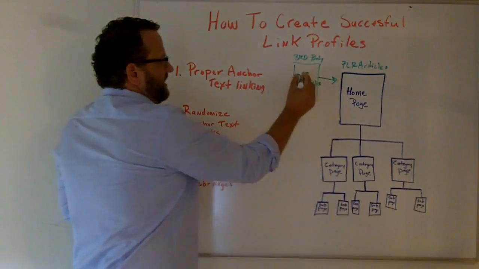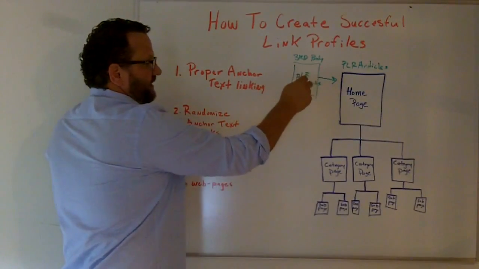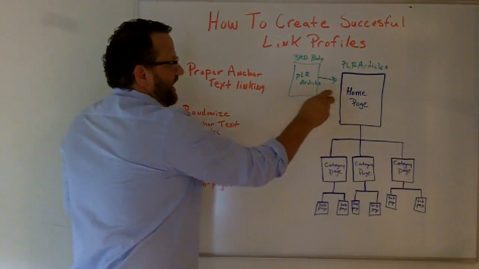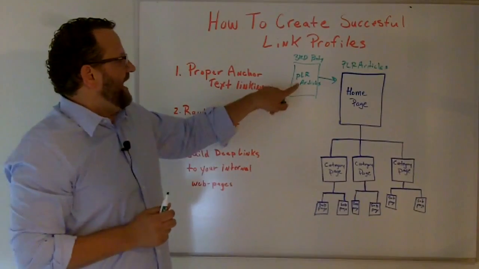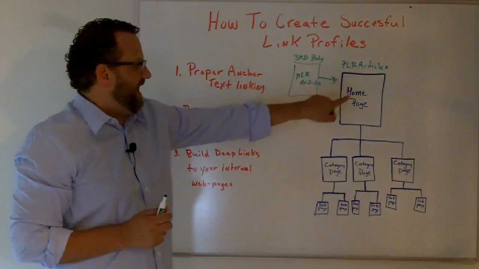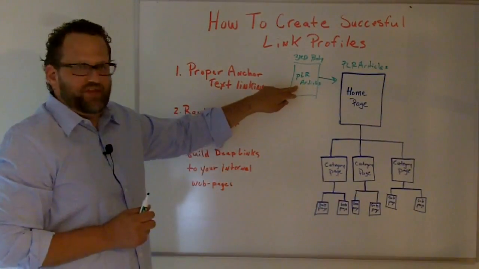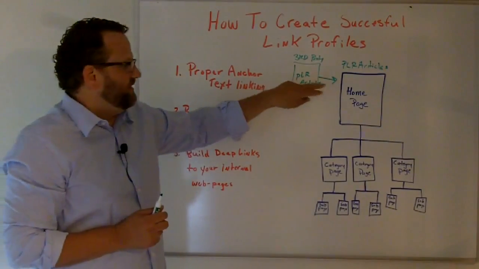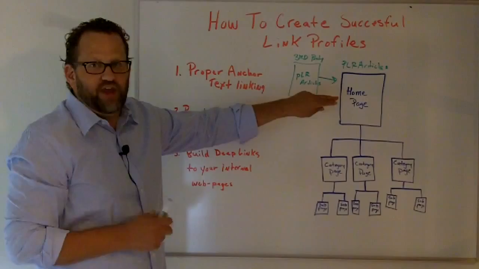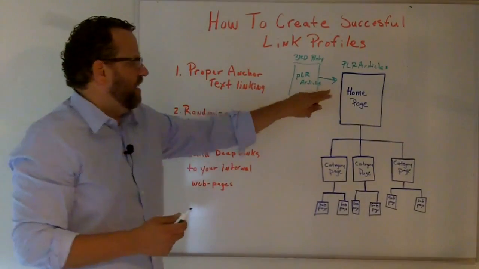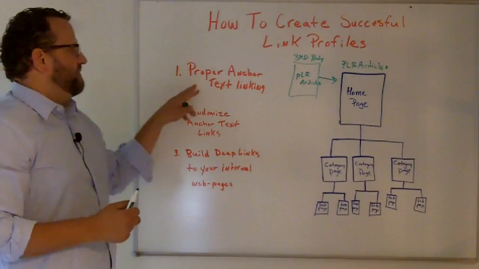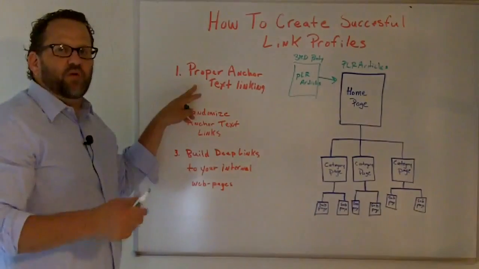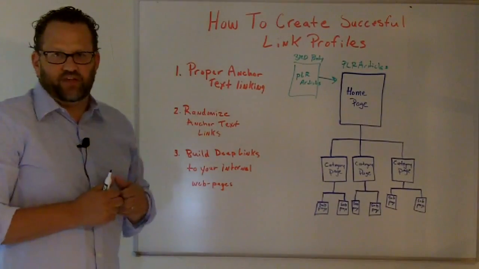The hypertext link says PLR articles, and it links right to my home page. That link matches the title tag of this page. So when Google sees that link and follows it, it says, okay, the page that I arrive on should have something to do with PLR articles. So that's the first thing you want to remember, is using good keyword-rich anchor text links.